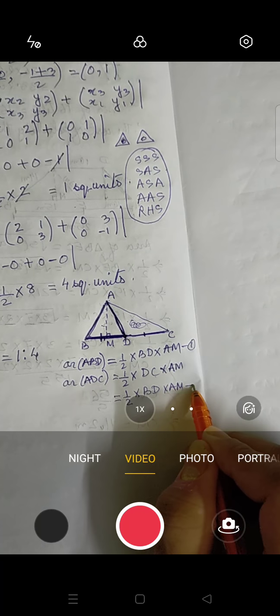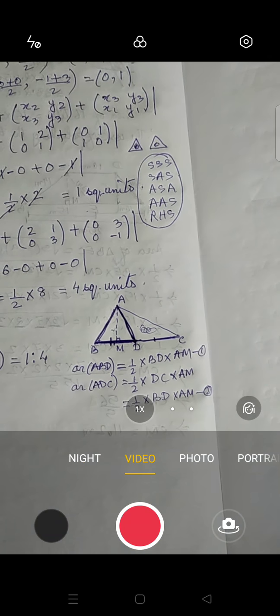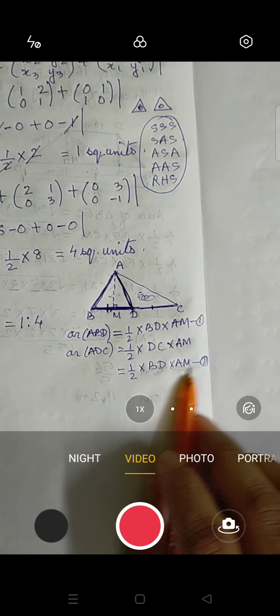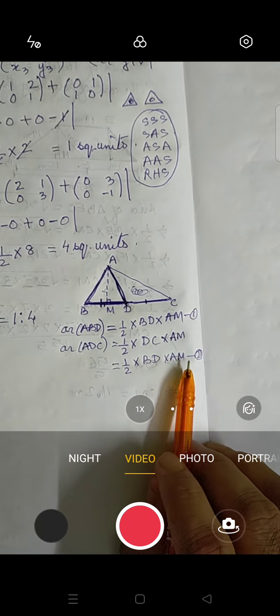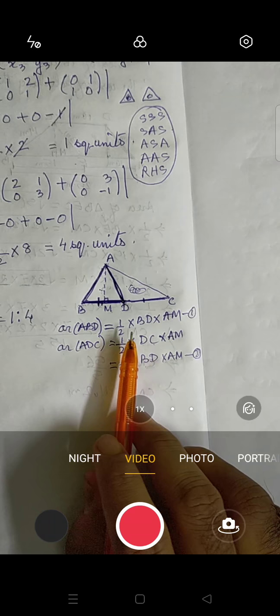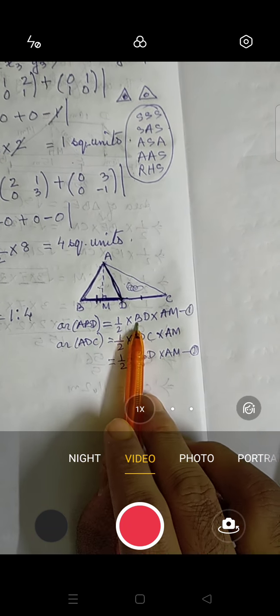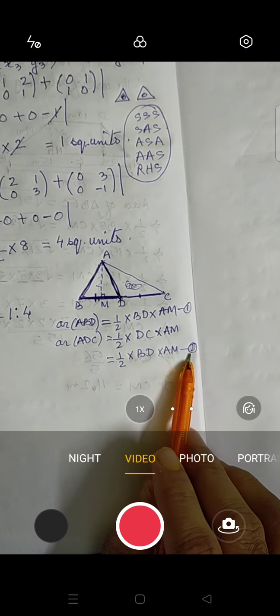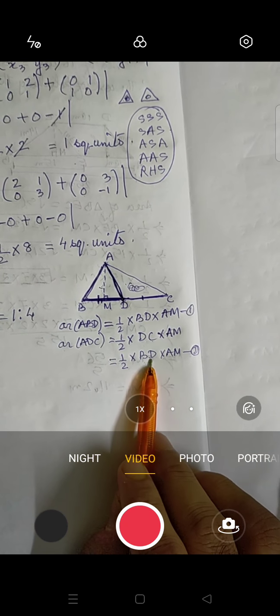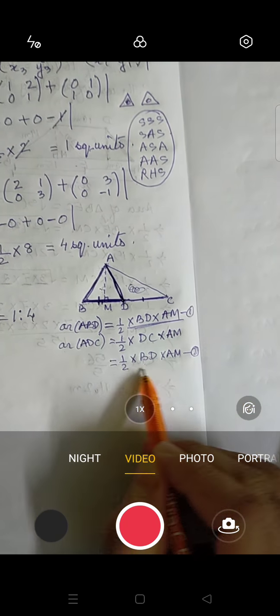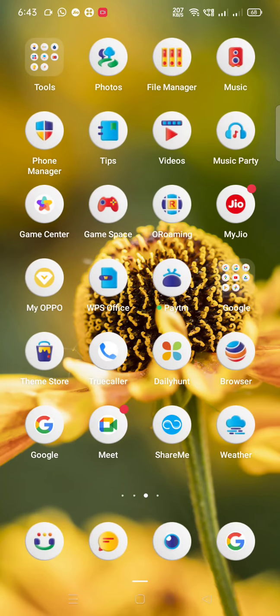Let us suppose that this is equation 2. So this is equation 1, this is equation 2. You can see that in equation 1 the right hand side is half into BD into AM, and in equation 2 you are having half into BD into AM. Exactly the same.